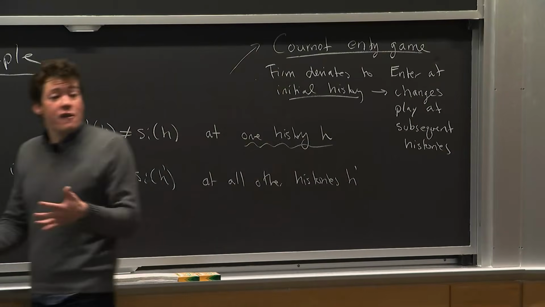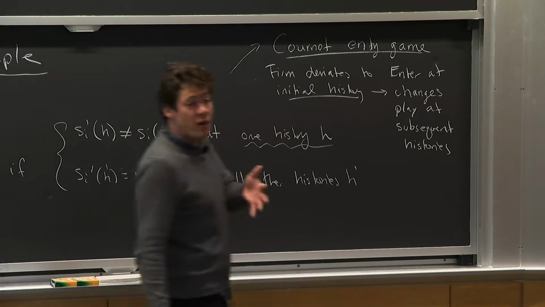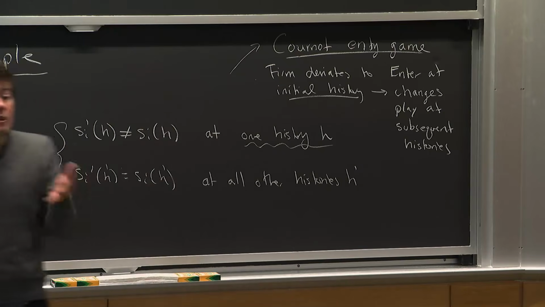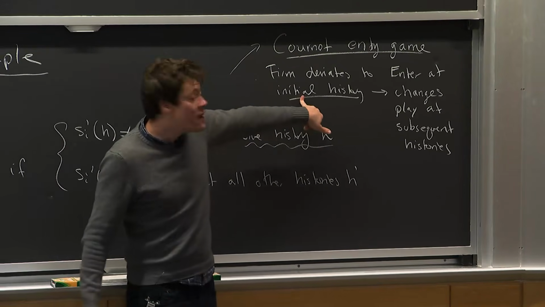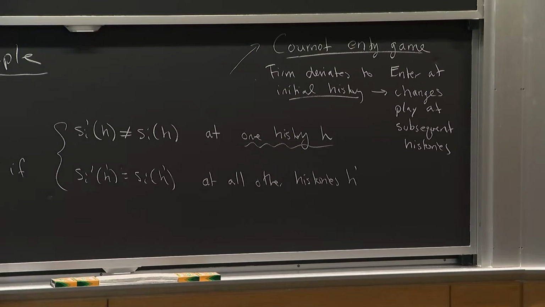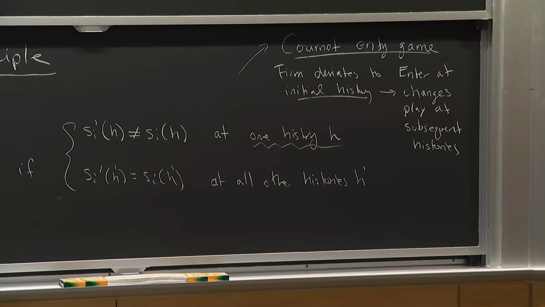Well, now a different number of firms have entered the game, so the quantities that every firm is going to produce in the second period have changed, because the quantities that they produce depend upon how many firms enter. So even if the deviation only changes behavior at one history, that then changes which future histories we reach, and therefore can change a lot of things in the game. And we'll see that a bit later.